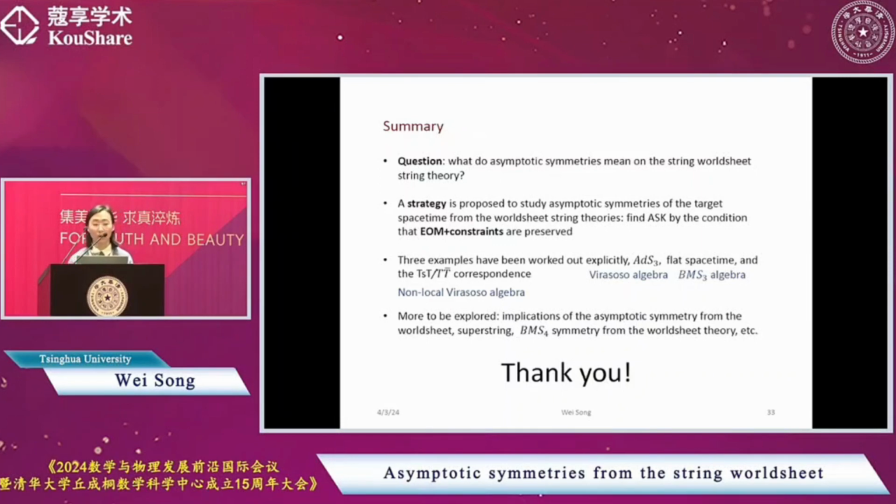And after all this, we really want to use this asymptotic symmetry to organize the states in gravity theory and to help us understand more about holography and quantum gravity.